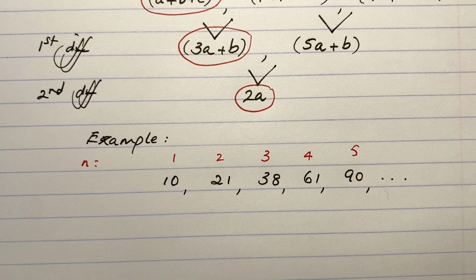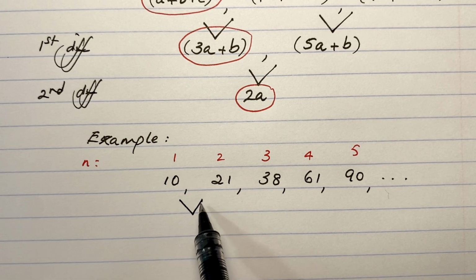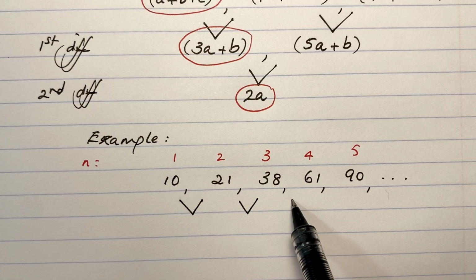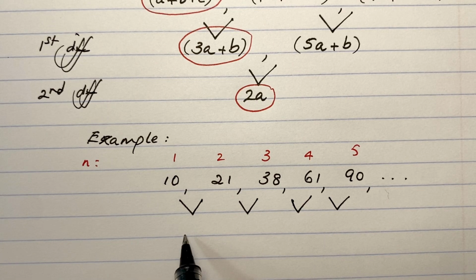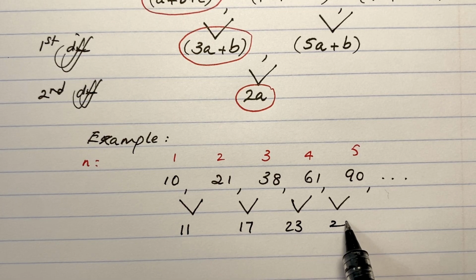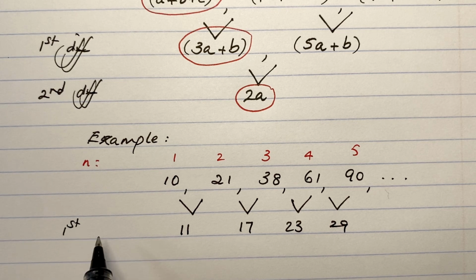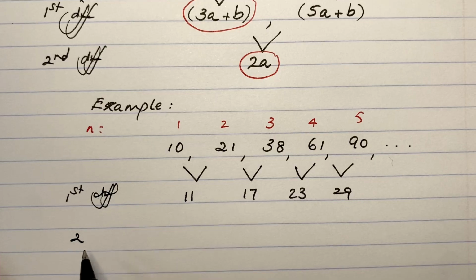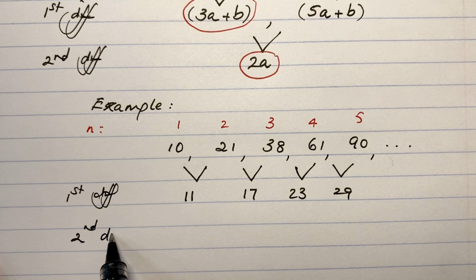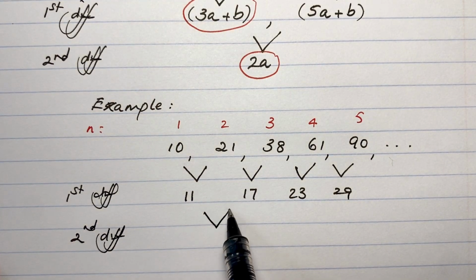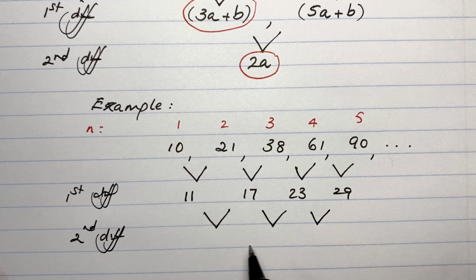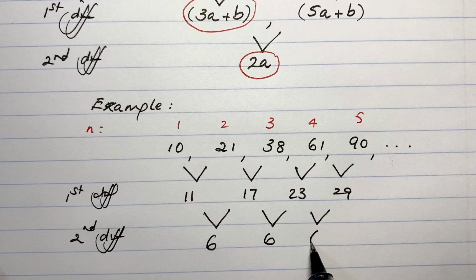Find the first difference. That's 11, 17, 23, 29. First difference. And then second difference, 6, 6, 6.